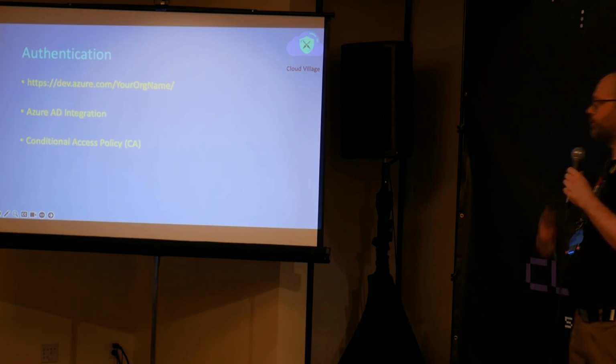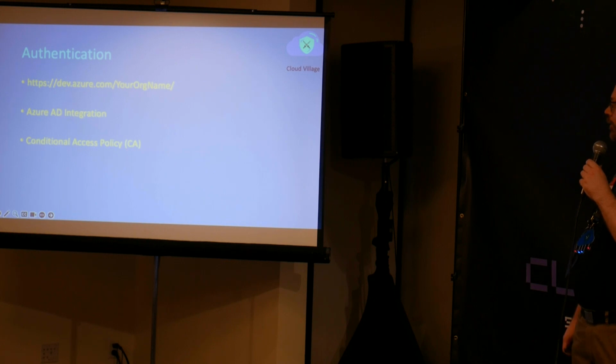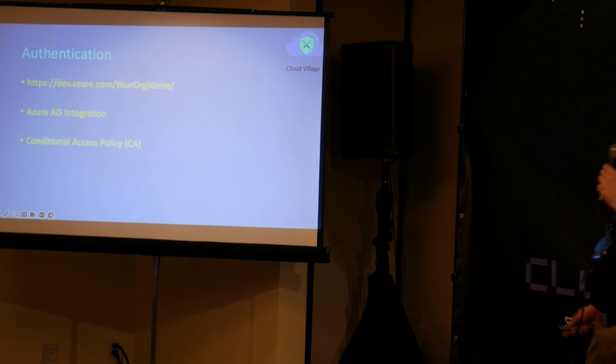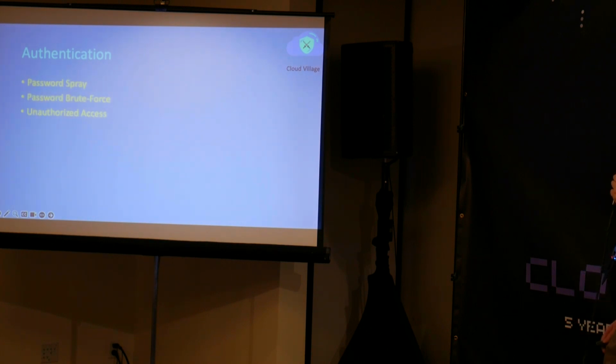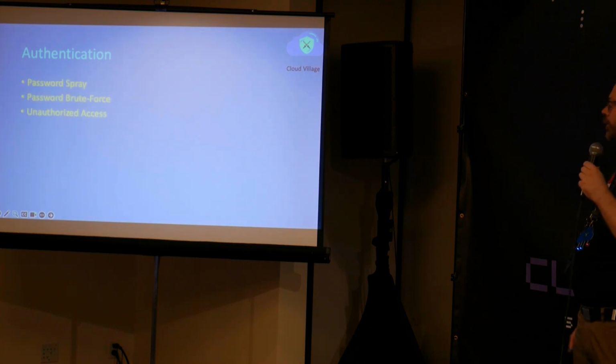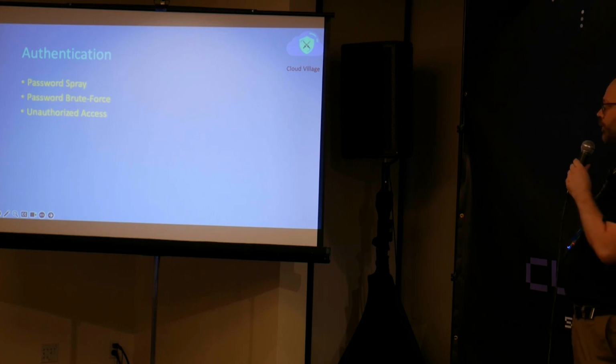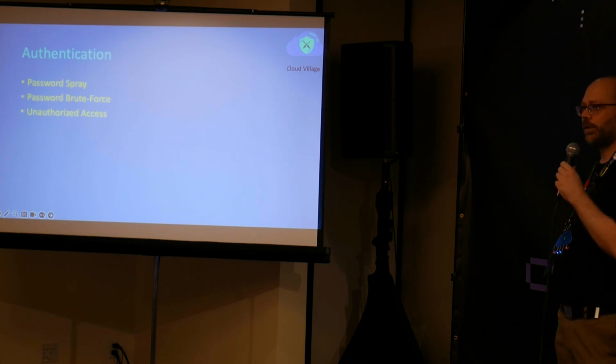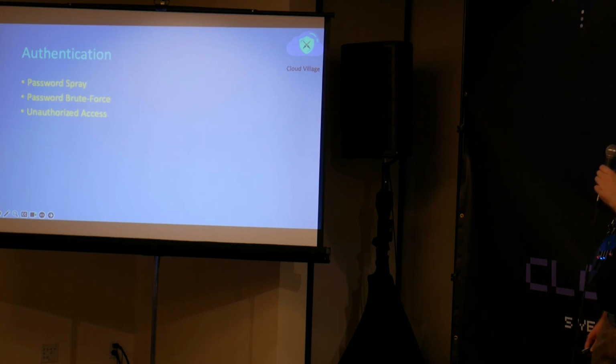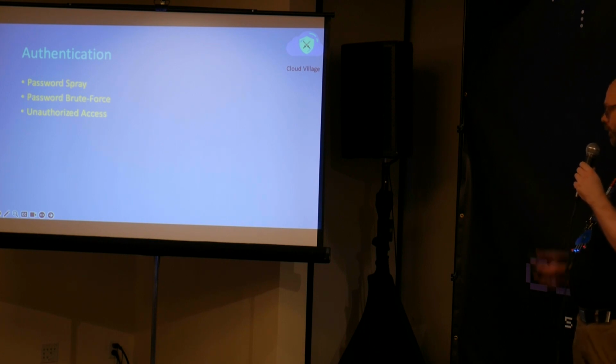So that's why it's highly recommended to integrate with Azure AD, because then you will have the conditional access policy. So you can enforce, for example, multi-factor authentication. So we want to avoid password spray attacks or any brute force attacks or unauthorized access to our organization or projects or repositories.